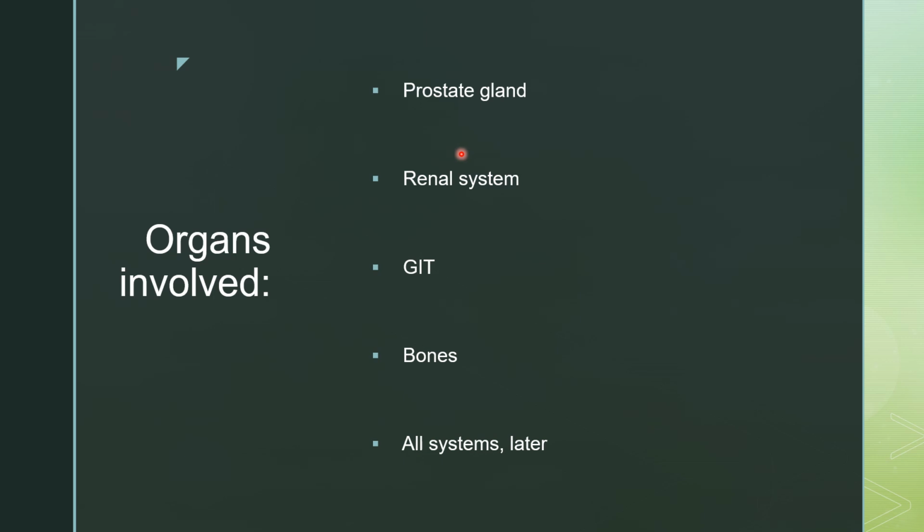But it is living in a community with some other neighbors, like the renal system and the gastrointestinal tract. When the cancer is moving around, it can go into the bones. Actually, it can spread anywhere, so all systems could be affected later on when it's pretty bad.